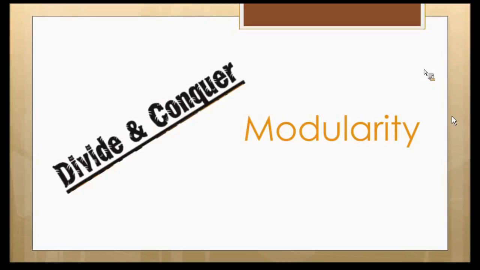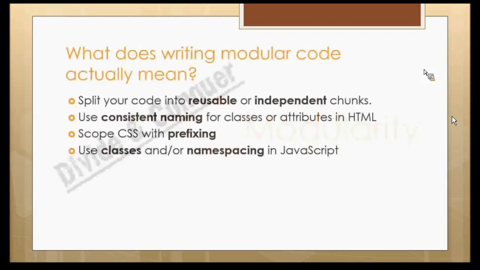So what does it mean actually? What does writing modular code mean? What does splitting of files mean for front end? So first, we split all our modules. We have different modules. We have callouts. There could be multiple sections.